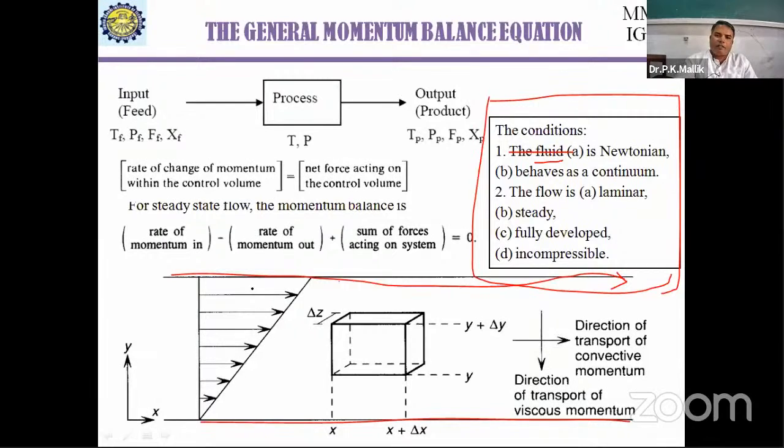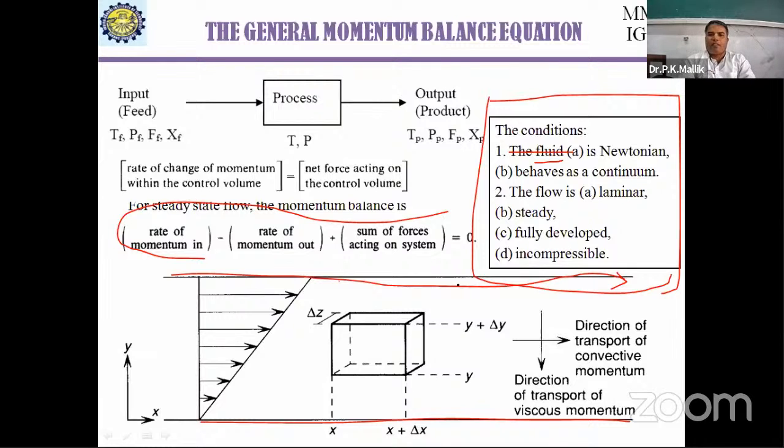Under steady state conditions, the momentum balance equation is rate of momentum in minus rate of momentum out plus the sum of the forces acting on the system. Another force, the pressure force, we can also consider here.